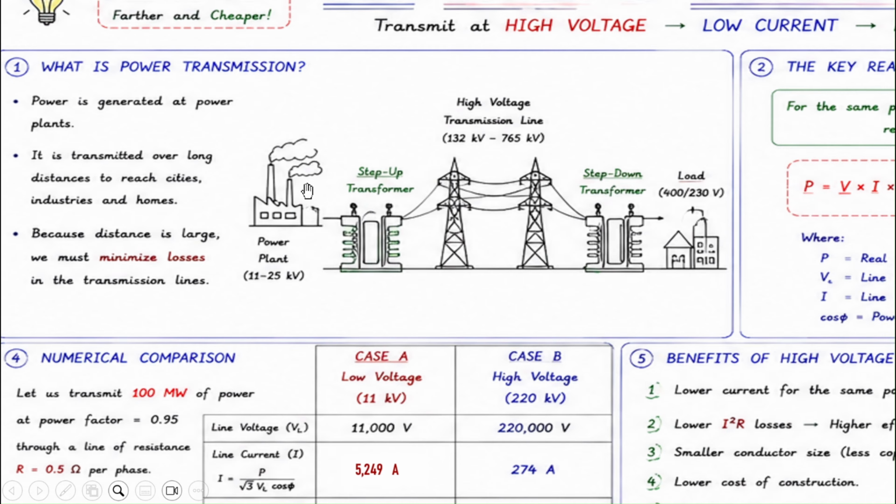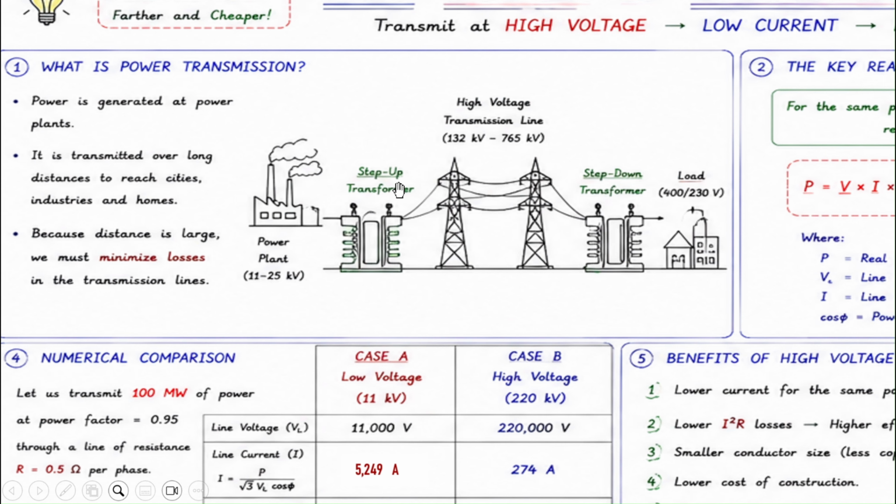So if we look in more detail at the voltage, when we generate the electricity from the power plant, normally it's between 11 to 25 kV, and that is what we call medium voltage. Now, in order to get the high voltage that we need to transmit through the transmission lines, which is around 100 to 700 kV, depending on the distance, we use what's called a step-up transformer.